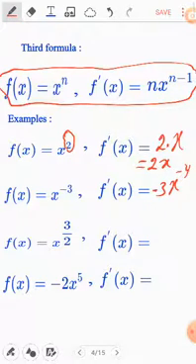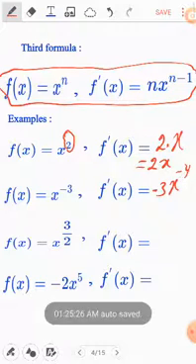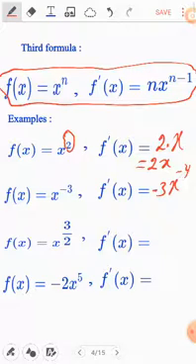Again, what is the derivative of x power 3 over 2? f prime of x is equal to 3 over 2, this is n, times x power 3 over 2 minus 1, which is half. So it is 3 over 2 times x power half.